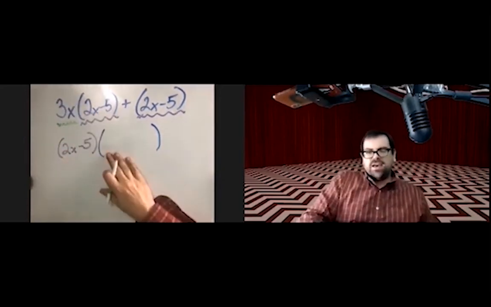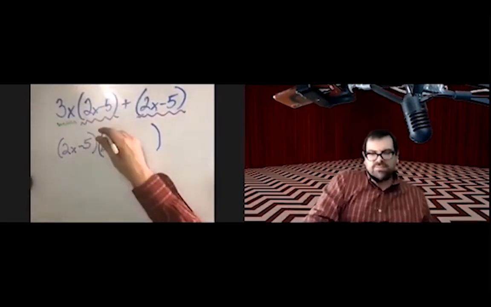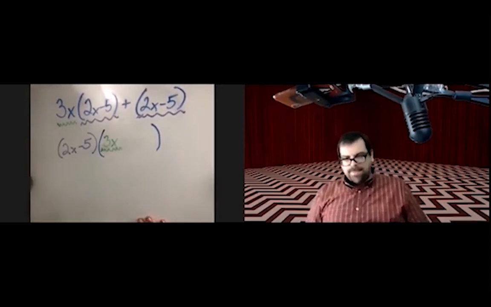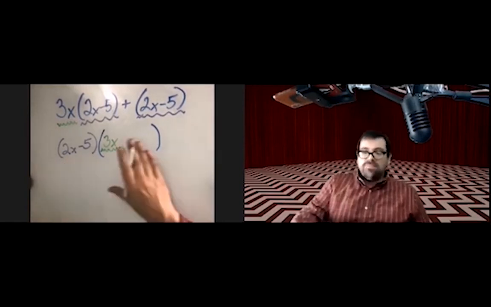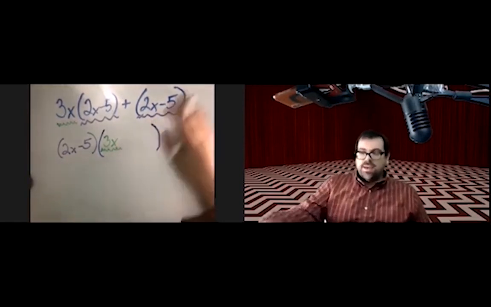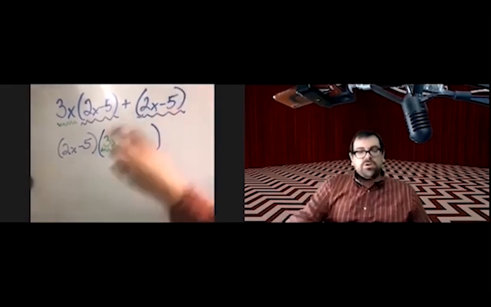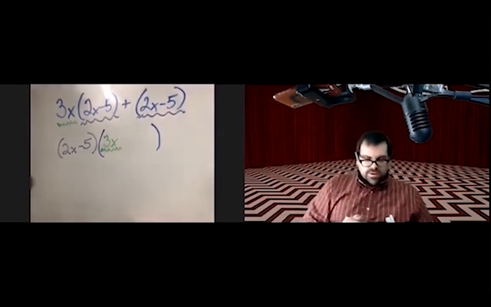2x minus 5 times what is 2x minus 5 times 3x? That's 3x. Now, 2x minus 5 times what is 2x minus 5? 2x minus 5 times 1. Not just any kind of 1.